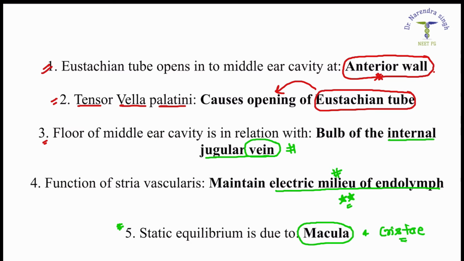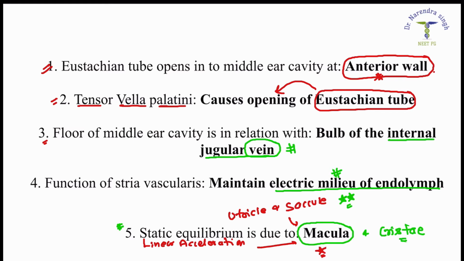Macula are present inside the utricle and saccule and are responsible for linear acceleration. This question can be asked as linear acceleration, then also the answer will be macula. If it is asked as gravitational movement or head tilt movement, then the answer will be macula.